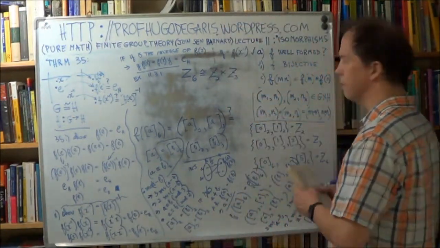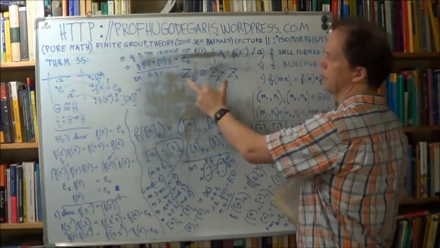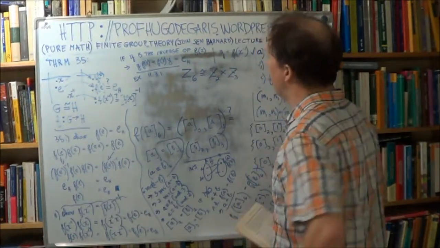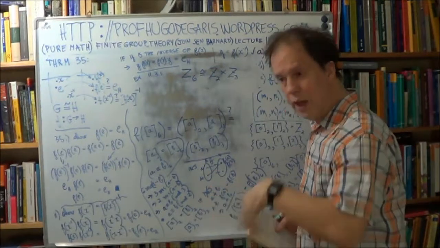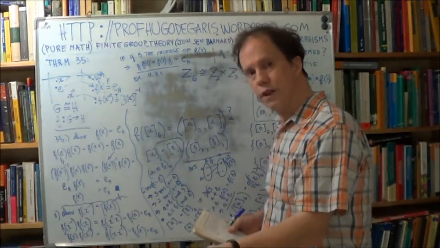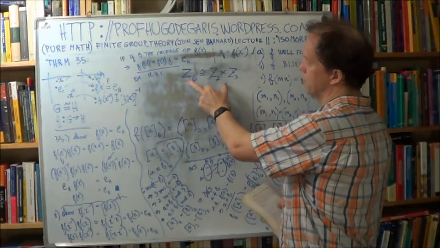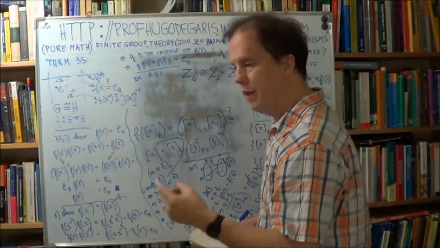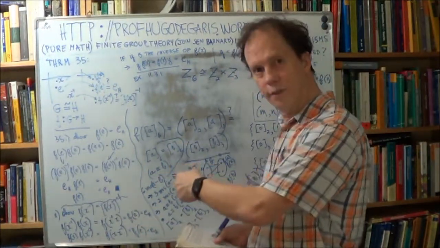Okay, so I'll just state that again. If your two sets, in this case two groups, are of equal size, and if the mapping between them is injective, therefore it's surjective. And it works the other way as well: if the sizes of the two groups are equal, and that mapping is surjective, then it's injective.